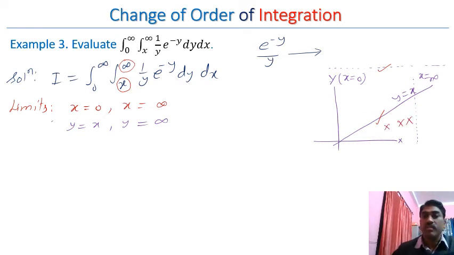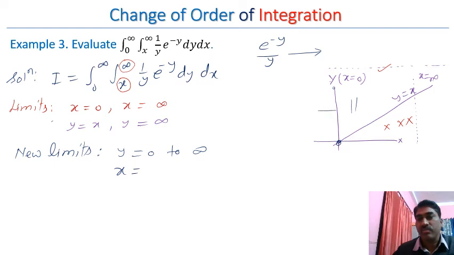Now once we have obtained the region, let us change the limits. New limits. The minimum value of y in this region is 0 and the maximum value of y is infinity. So y is equal to 0 to infinity, and for x you need to draw a horizontal strip, so you will move along this.